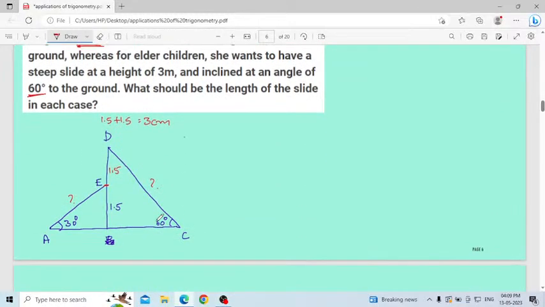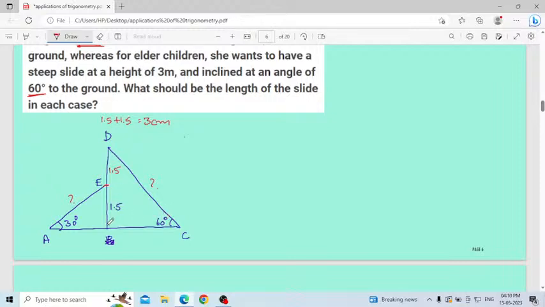Understood everyone? Here what they are asking in the question, one contractor is building the slides. The smaller one he is constructing for the children below the age of 5 years. Its height is 1.5 and the angle made by the slide is 30 degree. Then same, he is constructing one more, the bigger slide, making an angle of 60 degree.